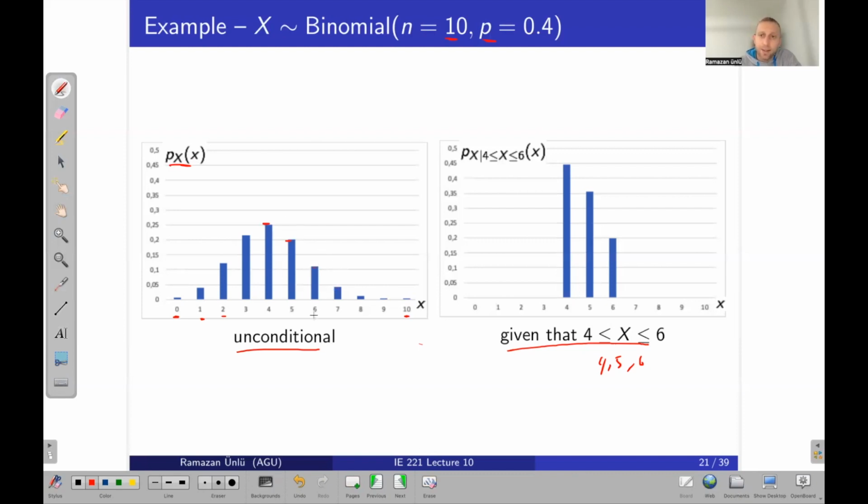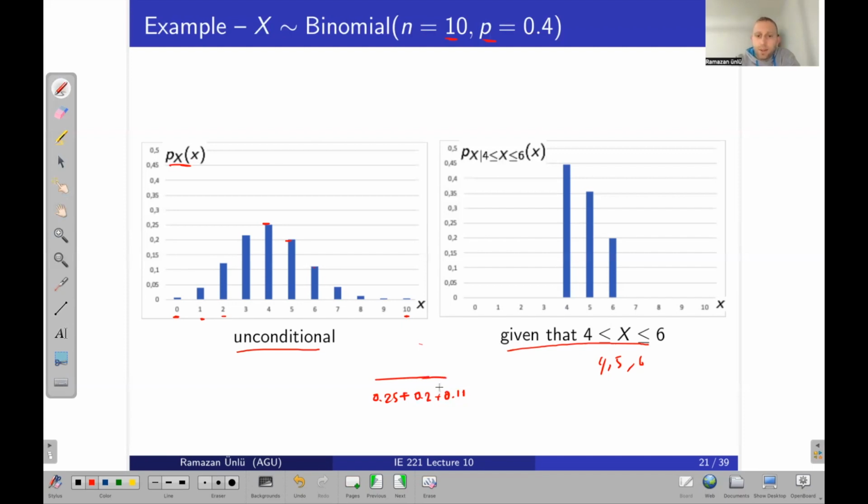The sum of these individual probabilities gives us the probability that x can take 4 or 5 or 6, and that is the probability of the conditioned event. I say 0.11 because that is not exactly 0.1.